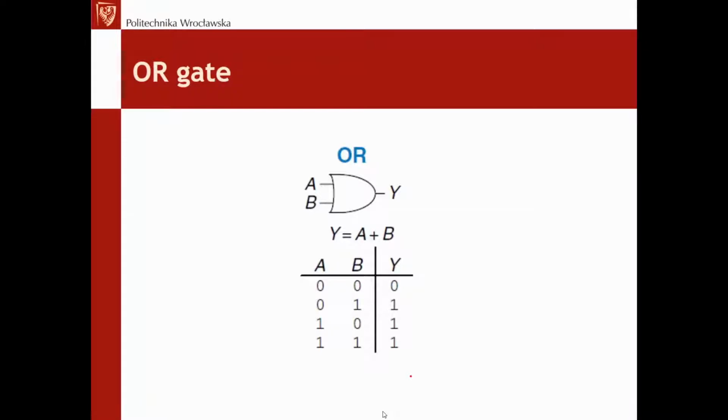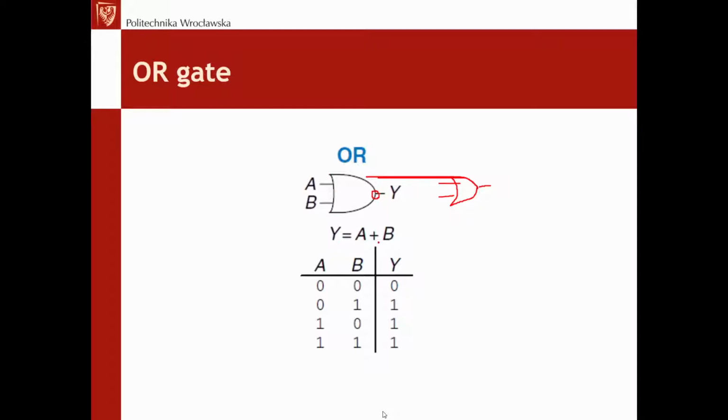Then we have an OR gate. The OR gate has a different symbol. Here it's round, but we also use some sharp ending. I don't know if it is visible, but sometimes it's not rounded at this place, it is sharp, and here we don't have a line but an arc.